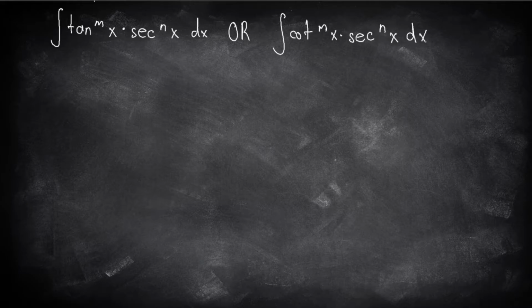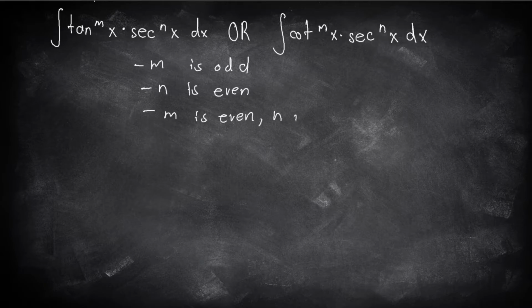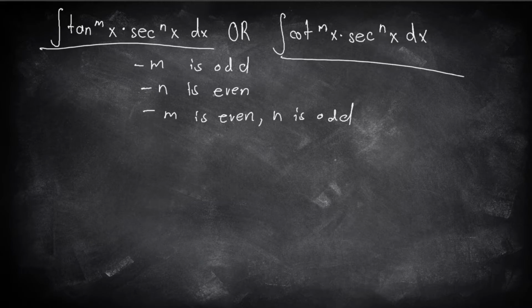The conditions to be met for this one are if m is odd, or if n is even, or if m is even and n is odd. It just needs to satisfy one of these conditions and be one of these forms.